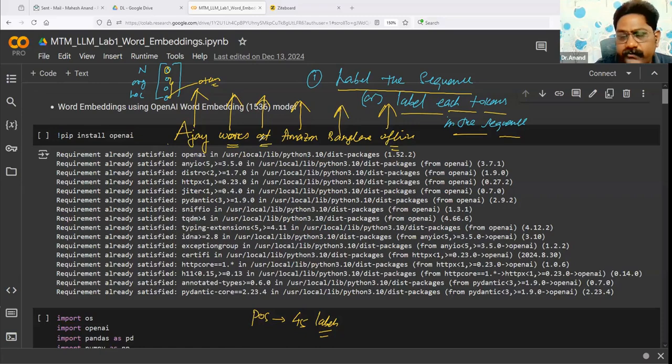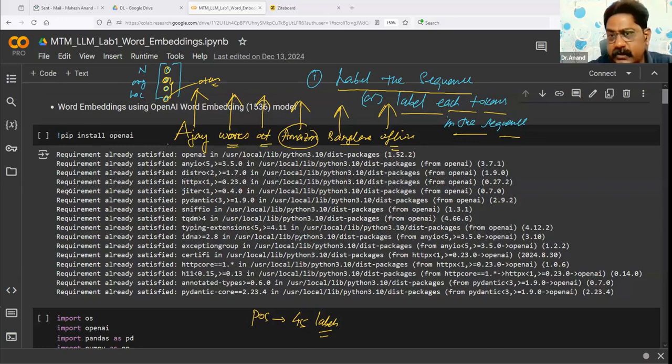Works, at, office, these 3 should maximize the 4th node. Amazon is an organization name, so I train the model to maximize the 2nd node, the organization. Bangalore, I maximize the 3rd node probability. Thereby my model will learn from the given sentences. It will identify which is the name of the person, which is the organization name, which is the geographical location. It will learn during the training process.